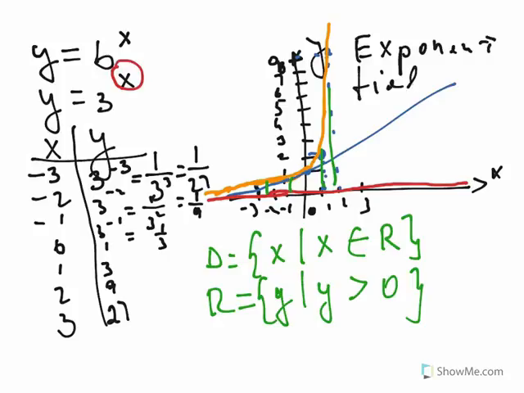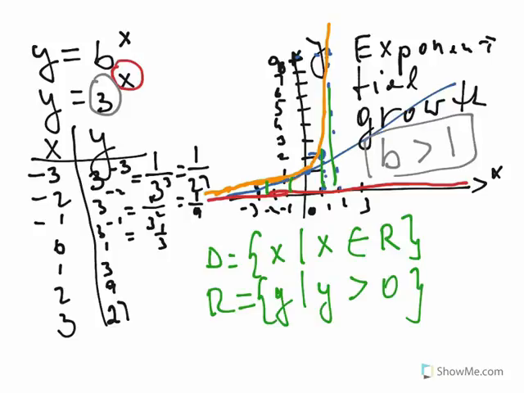Why is that growth? You can tell the graph is growing. And the most important thing, we have to look at the b. In this case, b is equal to 3. So b is a number greater than 1. So we have exponential growth when b is greater than 1. And that is very, very important.